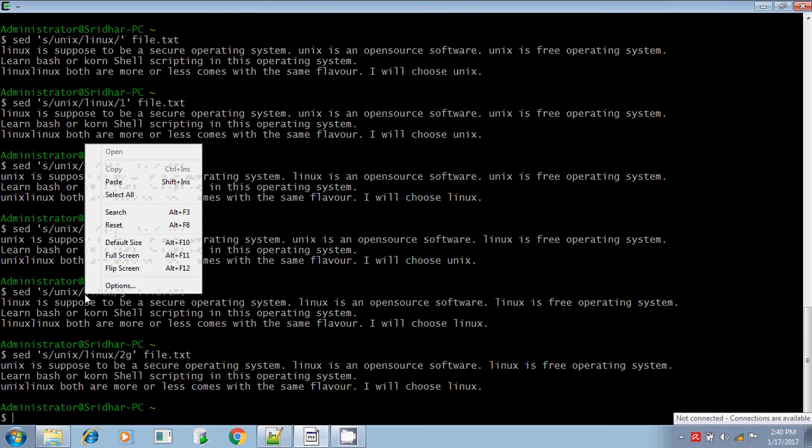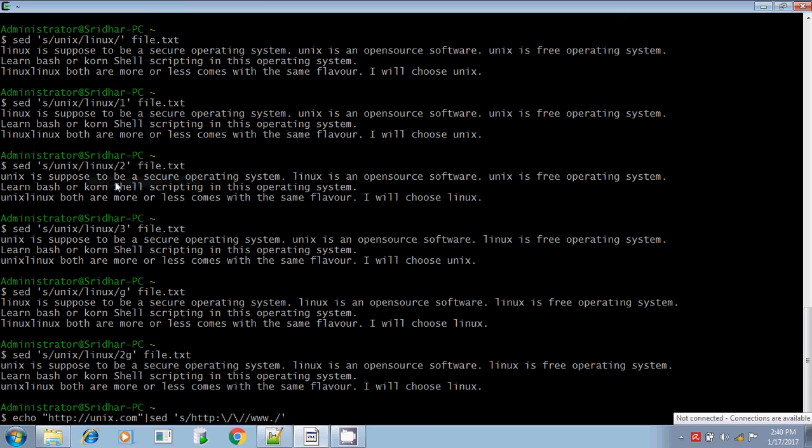Here this example is: I am echoing http://unix.com. I want to replace http:// by www dot. So using this substitution, I am doing this. Let me clear this.